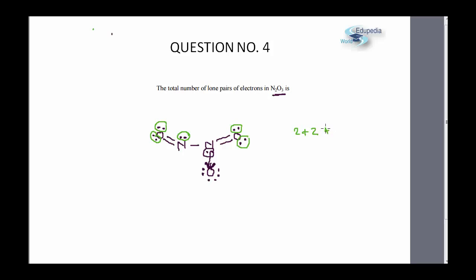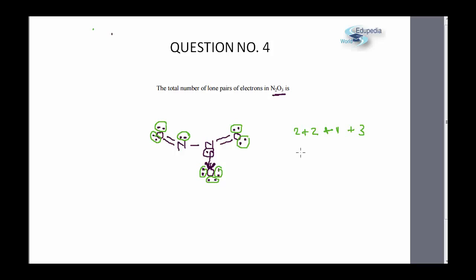So in my count I add 1 more. This nitrogen atom has utilized its lone pair for coordinate bond, so it does not have a lone pair anymore. And finally this oxygen atom has a total of 1, 2 and 3, that is 3 more lone pairs.